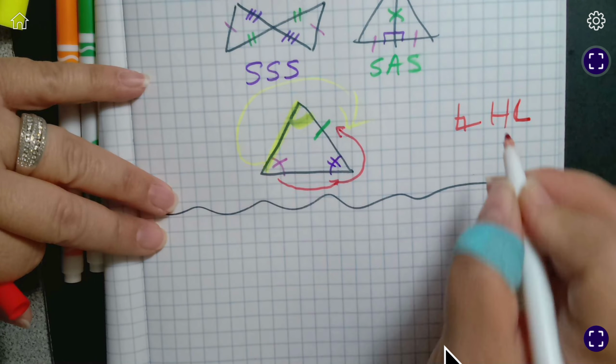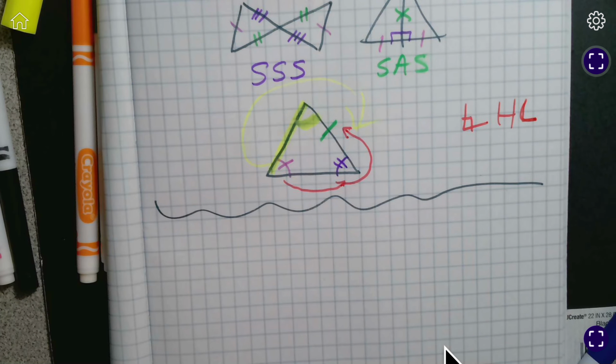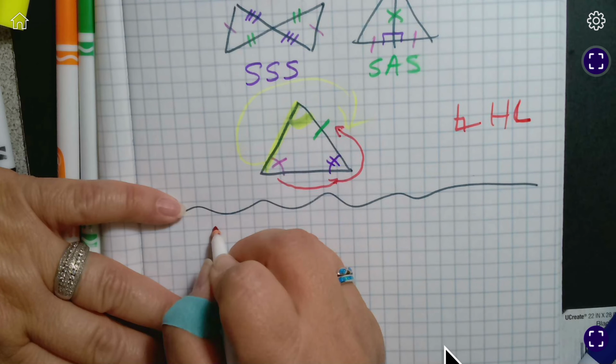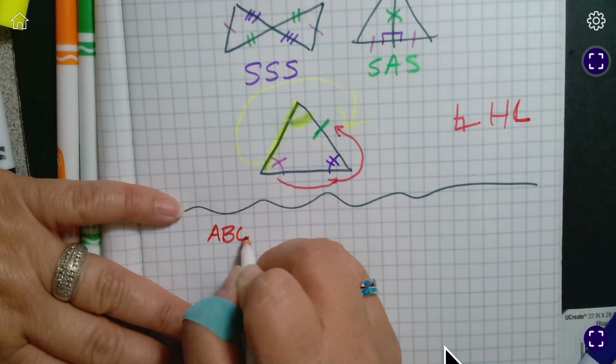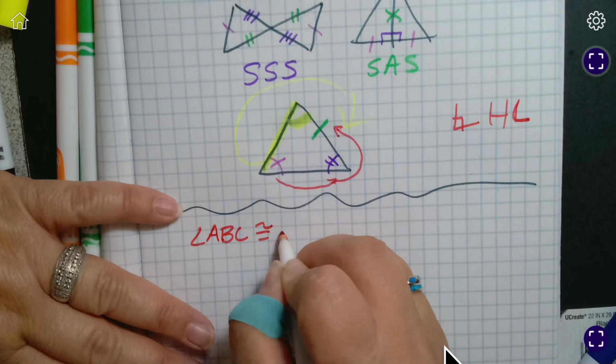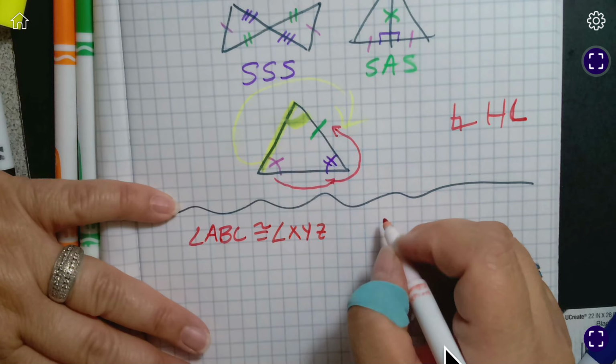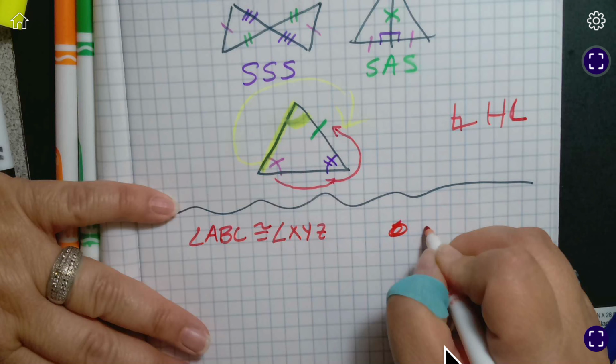So anytime you're going to be looking for those things, you are looking for something where you have an angle or a side.